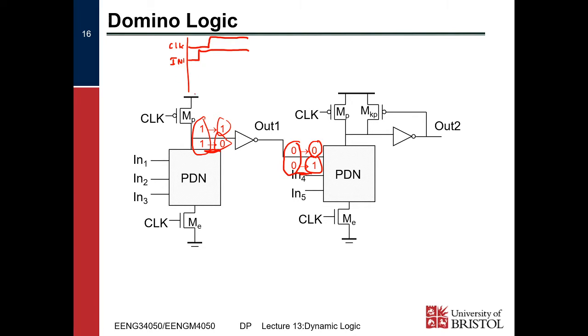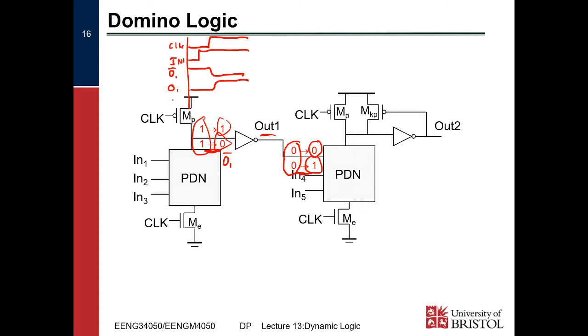Let's get rid of that one. So I'll call this O1 bar. So O1 bar will start off high, and then when the clock goes high, it'll discharge. Out 1, just here, will start off low, and then it'll charge up.